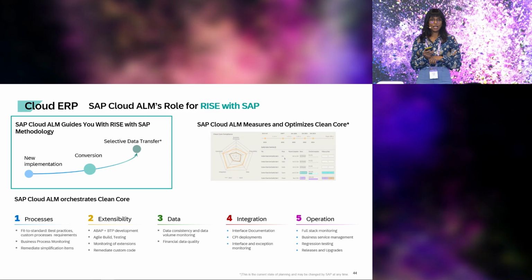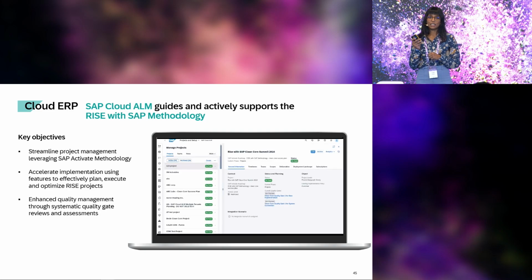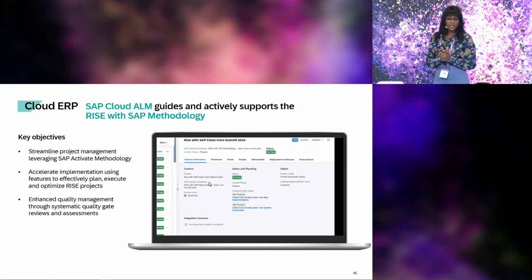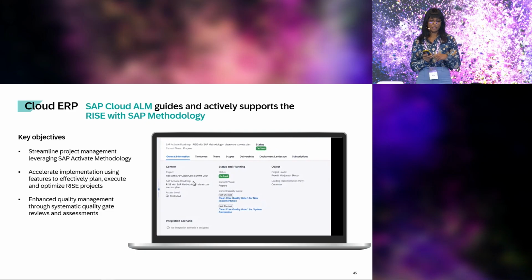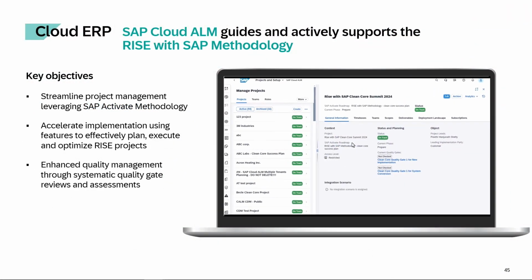And SAP Cloud ALM plays a key role, acting as the digital backbone in supporting you with the execution of the methodology. Our journey starts with onboarding to Cloud ALM with a project using a clean core success plan roadmap provided by the Activate methodology.